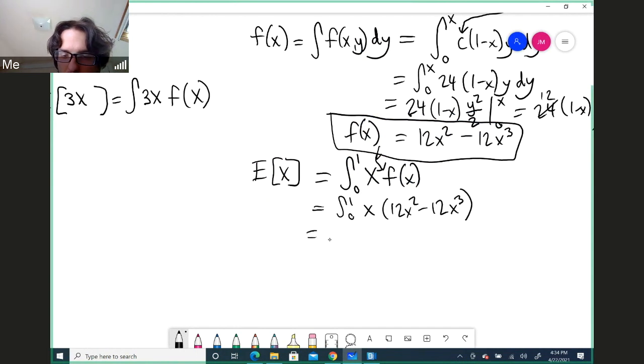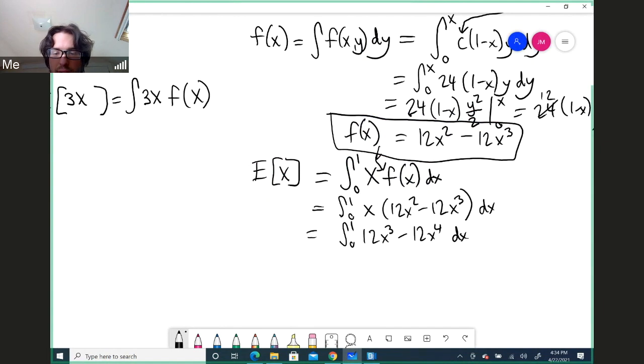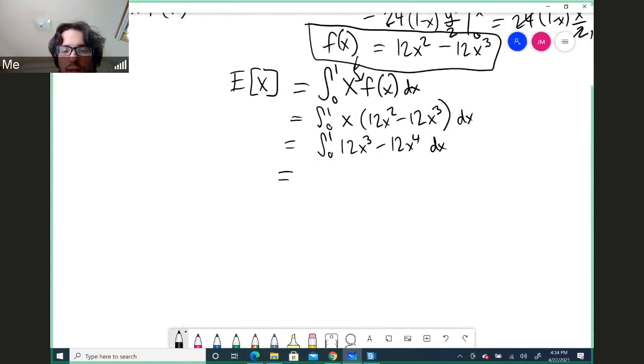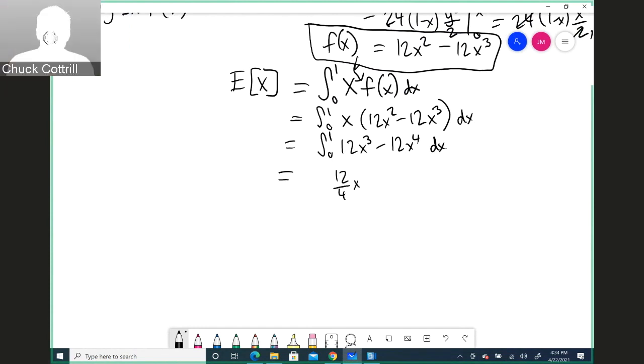And continuing, we can multiply these out. So this is 12x cubed minus 12x to the fourth, and we still have the integration here. And now we actually do the integral, so this becomes 12 over 4 x to the fourth minus 12 over 5 x to the fifth.